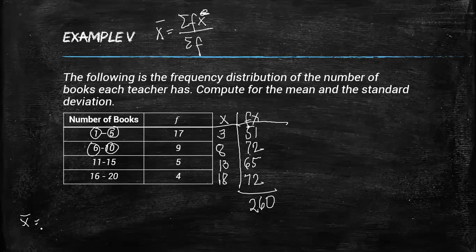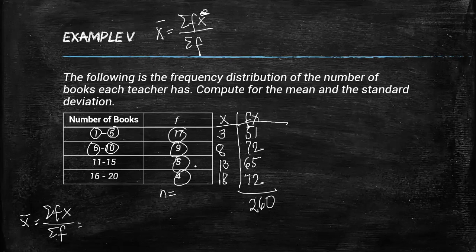X bar is equal to the summation of Fx over summation of F. Okay. Ano ang summation of F natin? Yun yung N natin, class. And para makuha yung summation of F, ipag-add nyo lang itong lahat na F. Okay? Yung summation of F is pareho lang sa N. So we have 17 plus 9 plus 5 plus 4.